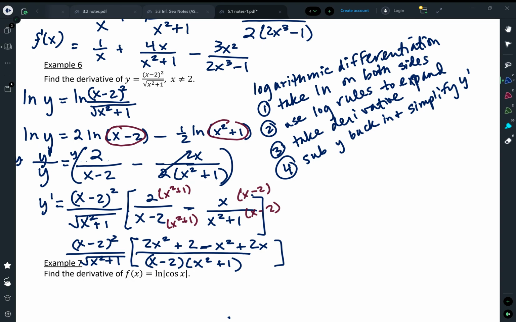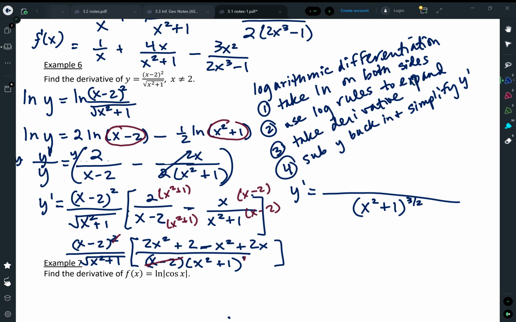So let's see. I can cross out a factor of x minus 2 with the square right here. If I have x squared plus 1 to the first power times x squared plus 1 to the 1/2 power, that's going to be a 3/2 power. So let's see, I have y prime equals, my new denominator is x squared plus 1 to the 3/2 power.